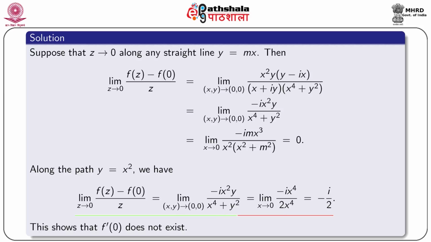Putting y equal to x squared, we get limit x tending to 0 of minus i x to the power 4 by 2 x to the power 4, that is equal to minus i by 2. So this shows that f dash 0 does not exist, because f dash 0 is equal to 0 if we take the path straight line, but if we take the path parabola, then we get f dash 0 equal to minus i by 2. Therefore, f dash 0 does not exist.